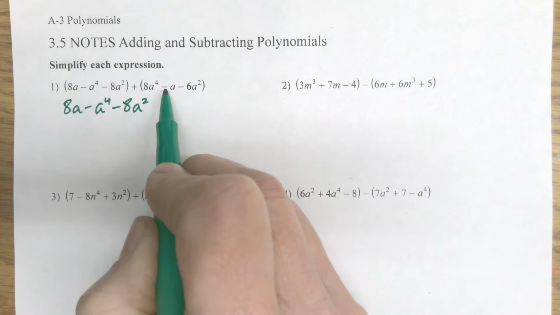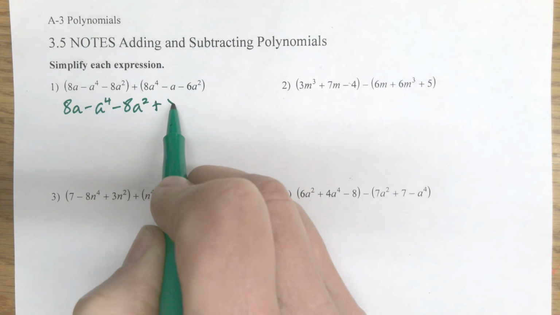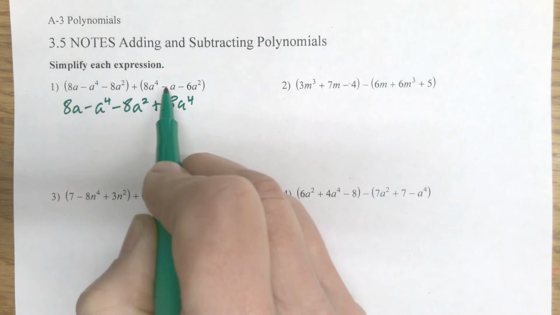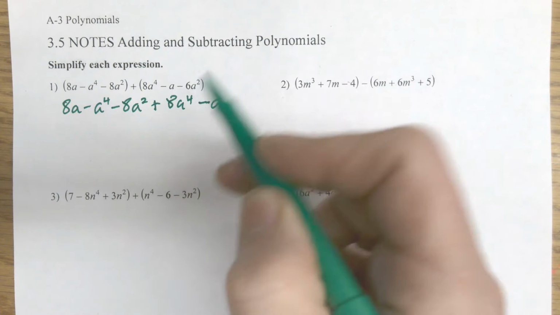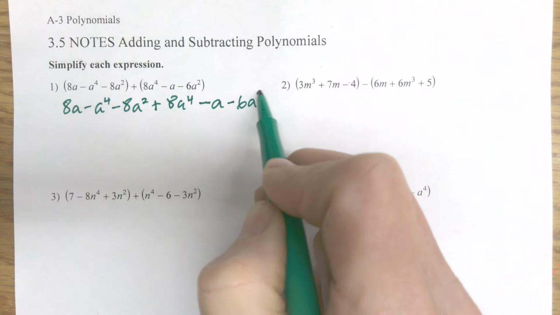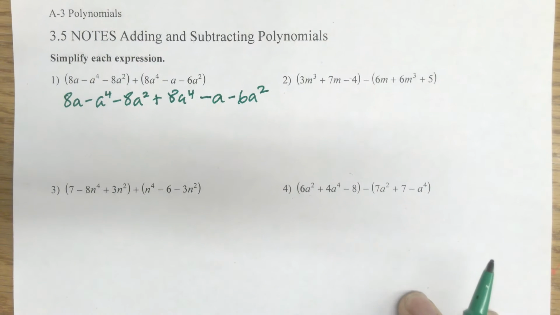When you add a positive, it's just adding. When you add a negative, it's like subtracting. And when you add another negative, again, like subtracting. And then I just go ahead and combine like terms.